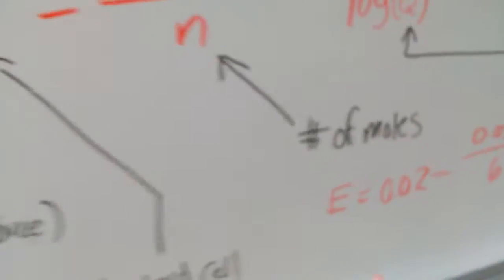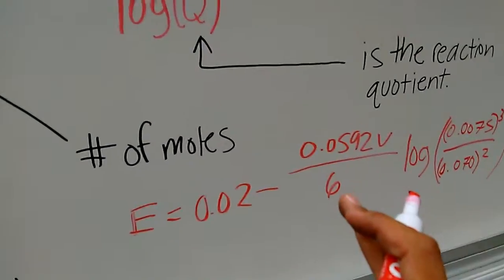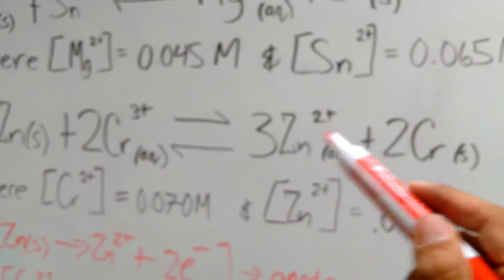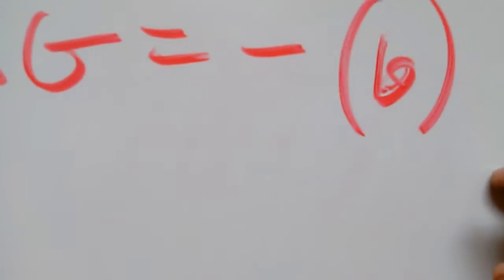It's going to be negative number of moles. If you remember, we got our number of moles in our last equation. If you forget for some reason, you can get your moles from here: 3 and 2, multiply them, you get 6. From that, you just add the 6 here.